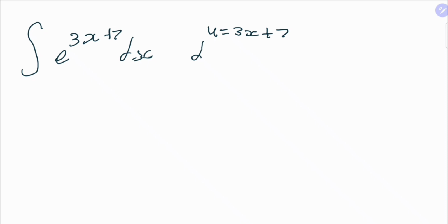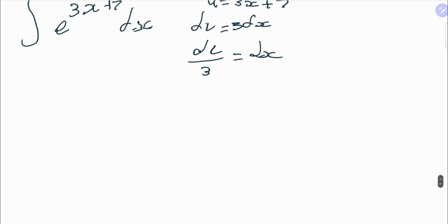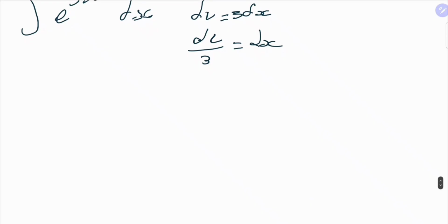And then that means that du is going to equal 3 dx. So it means that du over 3 equals dx. Perfect. So now we can write this, and then we'll bring the 1 over 3 to the front. 1 over 3 integral of e to the u du.